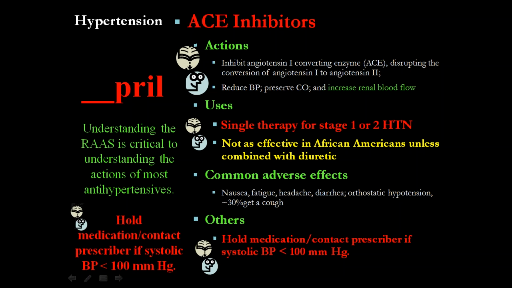Okay, so let's start with the A. We have the ACE inhibitors. Remember everything that is A and B and R, right? So remember this AB. AB is not so effective in the African American population.